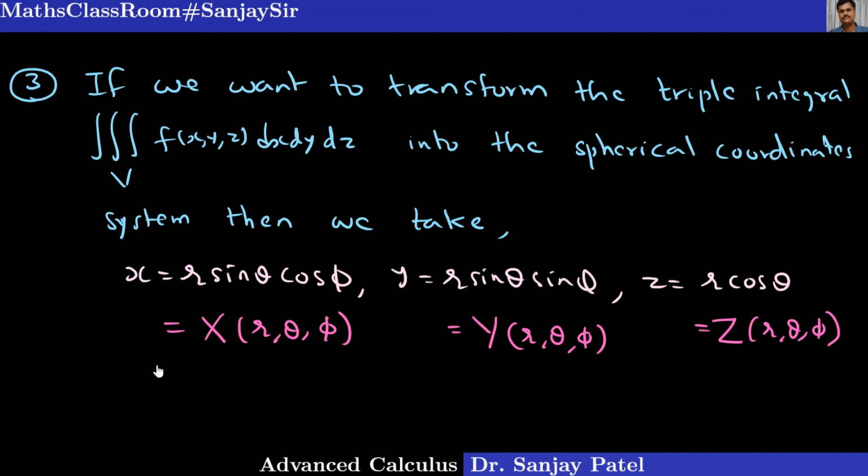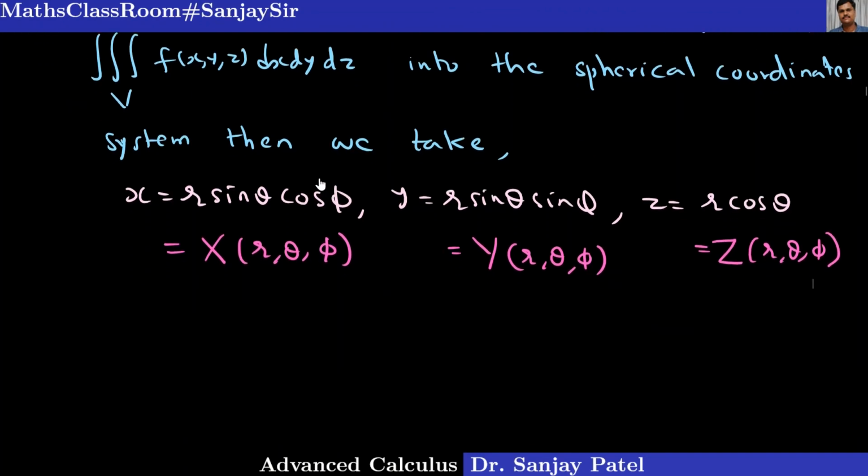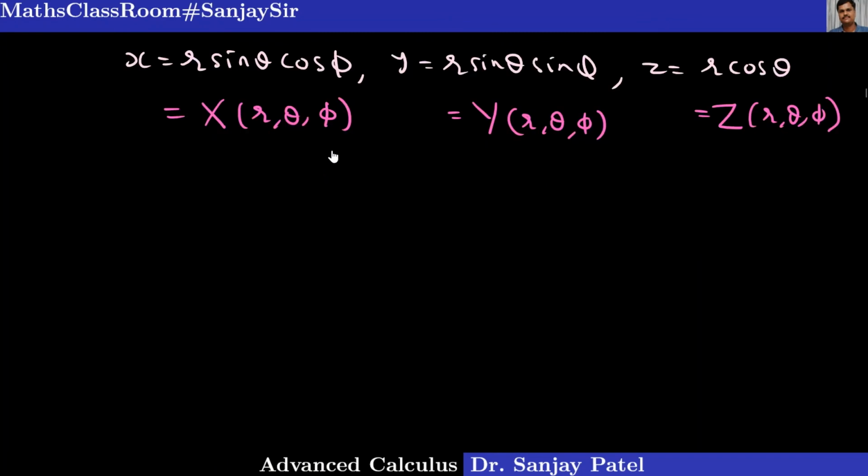So our next job is to find the value of the Jacobian, and then we can use the general transformation formula to write down the final relation between the Cartesian and the spherical coordinate system in the triple integral.